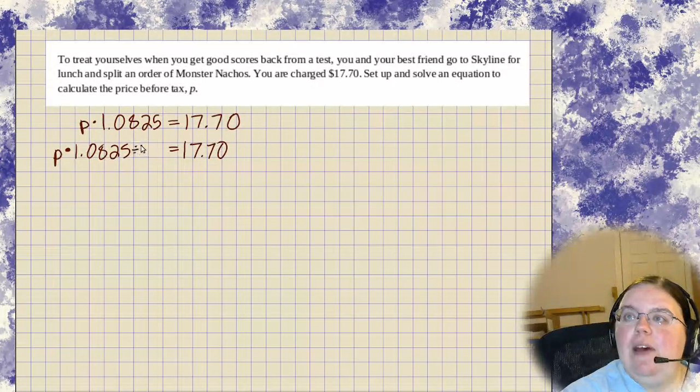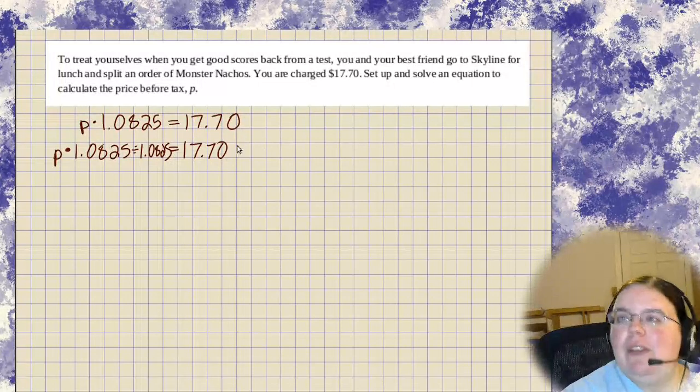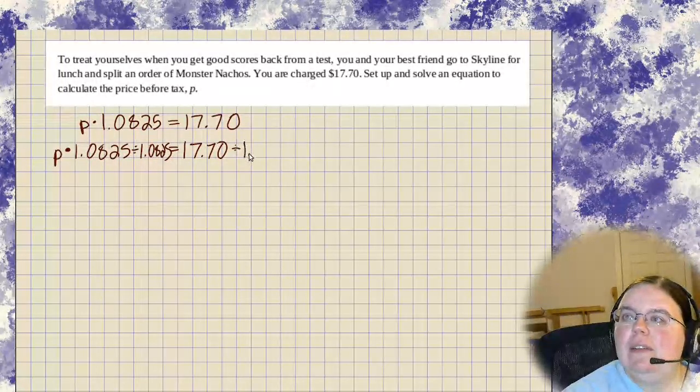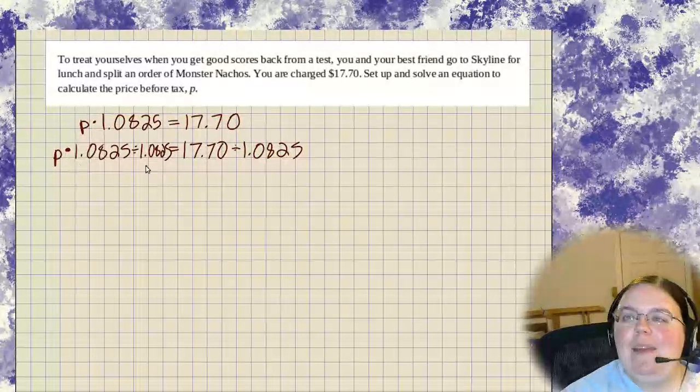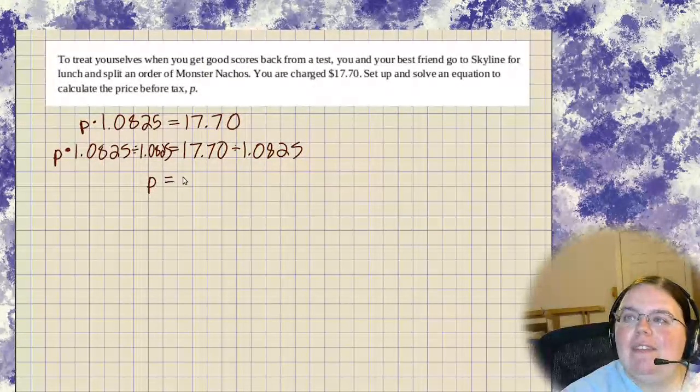Then we need to divide by 1.0825. I could have written that as a fraction. Oh well. Now, on my left-hand side, times and divided by the same thing, well, that'll just eliminate that number from that side. So then I'll just have the price.